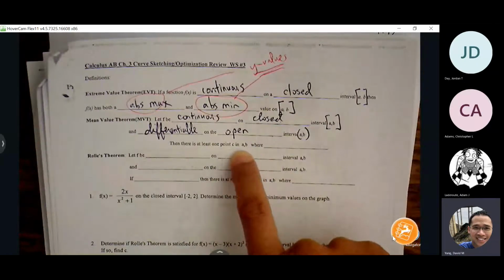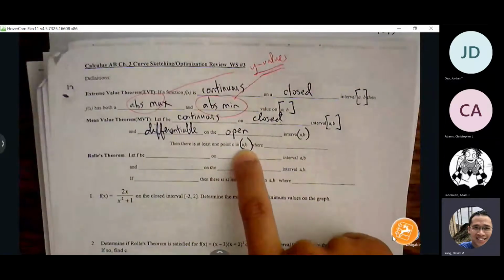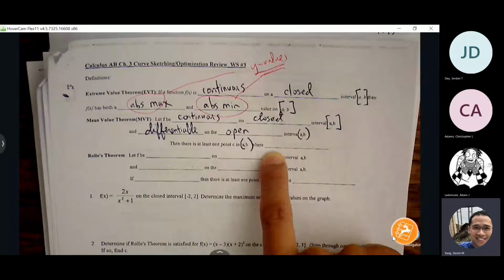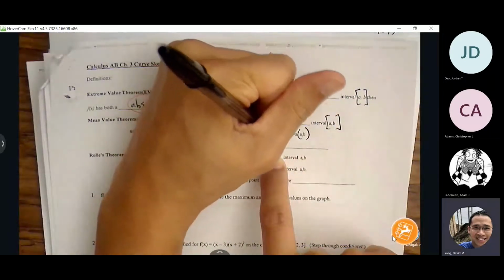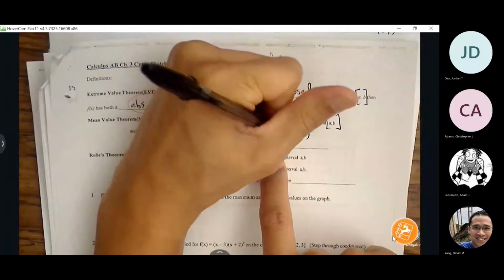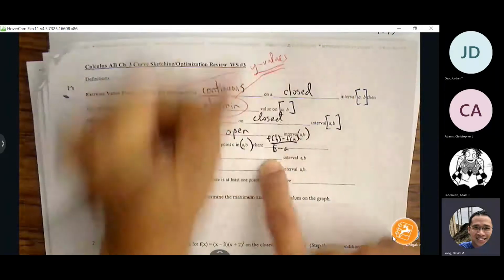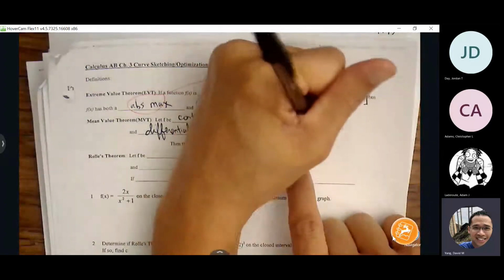Then there is at least one point C on the open interval, between the endpoints, where the slope equals the slope between the endpoints. And this is where we have to take the time to find the ordered pairs at the endpoints, find the slope, and we set that equal to the derivative.